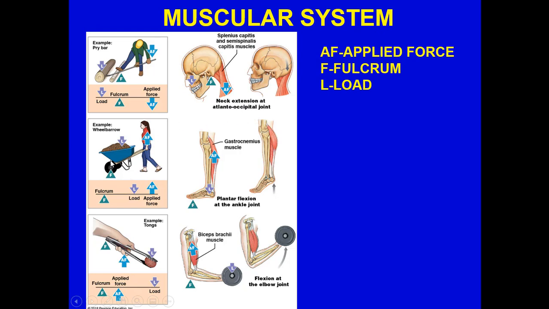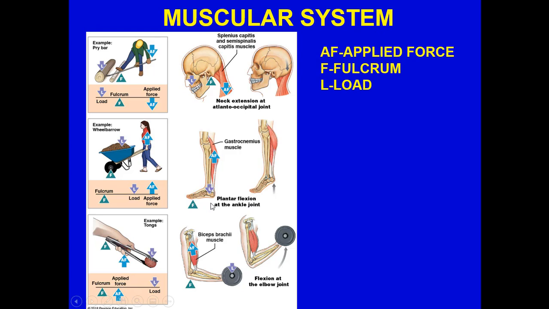Here, this is the wheelbarrow analogy. This is a second class lever. You have the fulcrum here, the load is here, and the applied force is a distance away from both of these. So what you would see here is the fulcrum is where the toes are, or basically the plantar flexion at the ankle joint.